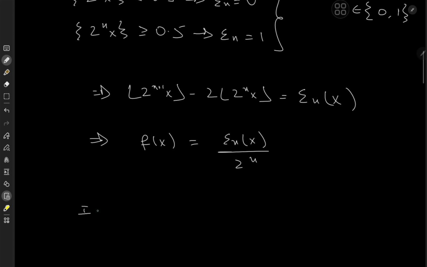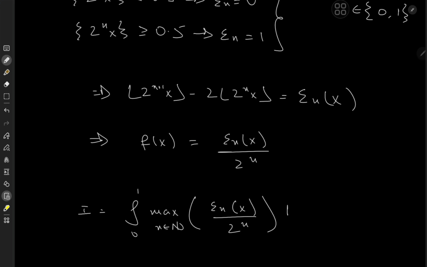But now the target integral looks like the integral from 0 to 1 of the max value of epsilon sub n of x over 2 to the n over the natural numbers n. And now we're interested in what are the values or intervals of x that actually make epsilon equal to 1.